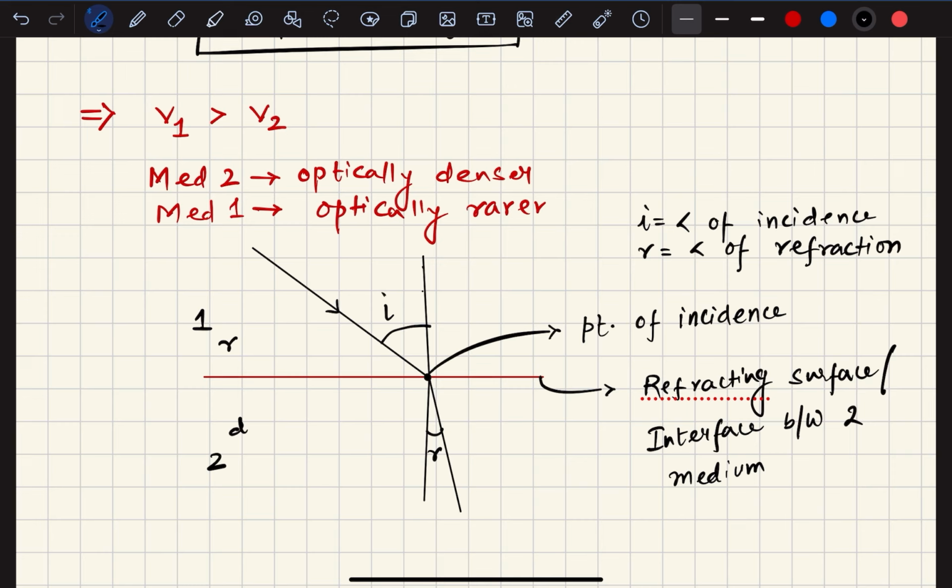So whenever there is a light coming from rarer to denser medium, its speed decreases. So here definitely speed of light in medium 1 is more than speed of light in medium 2. And due to this decrease of speed, light bends towards normal.